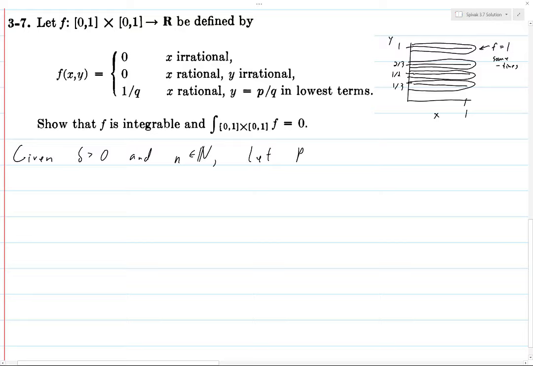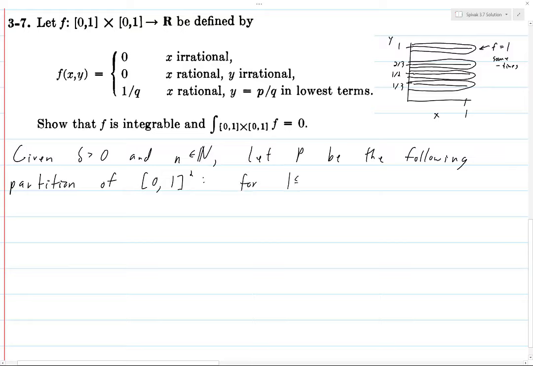So let P be the following partition of this box, 0, 1 cross 0, 1.